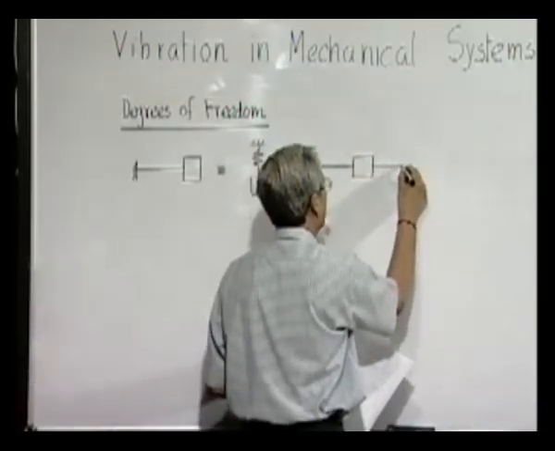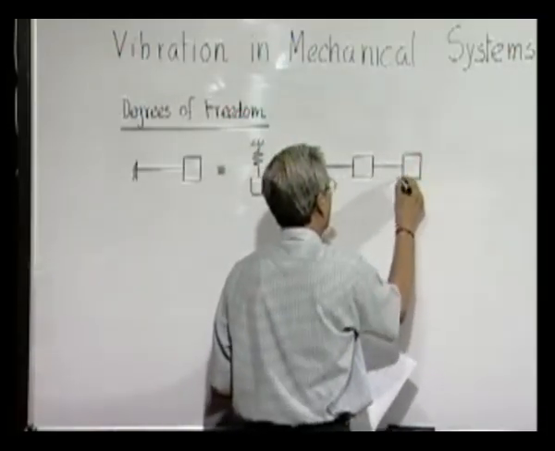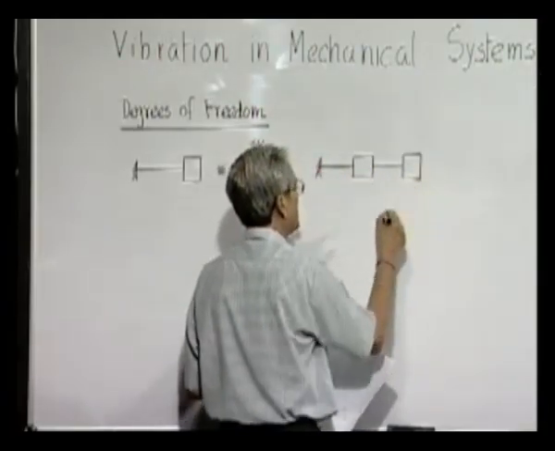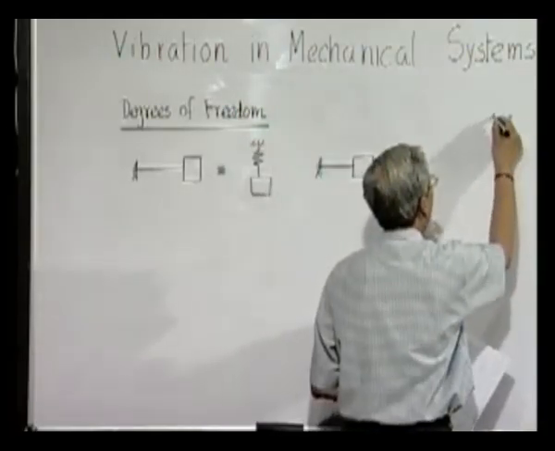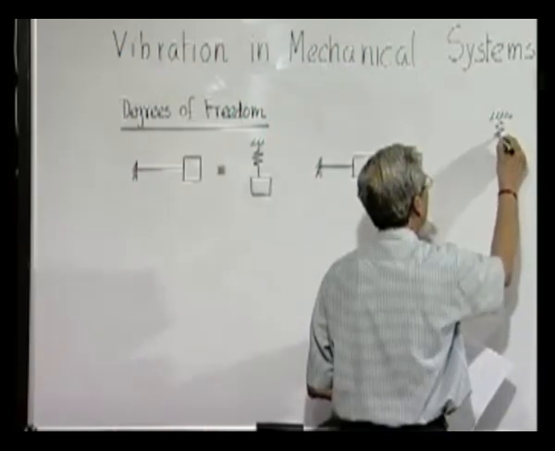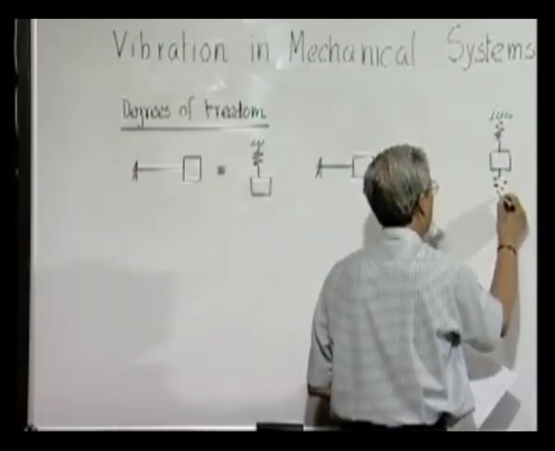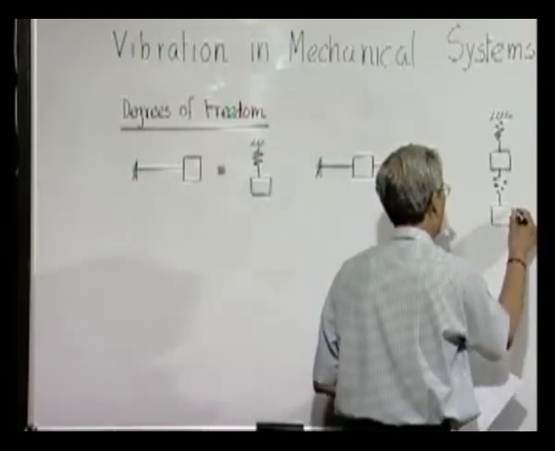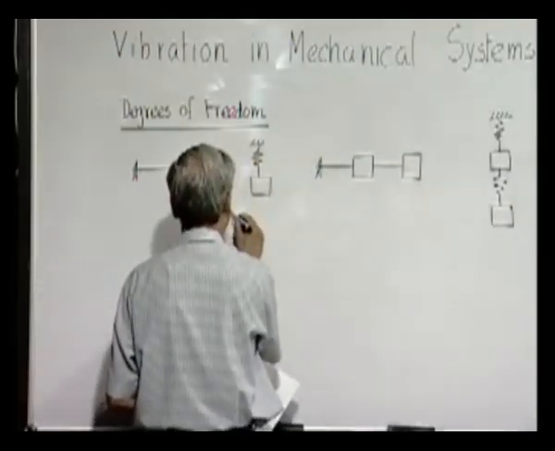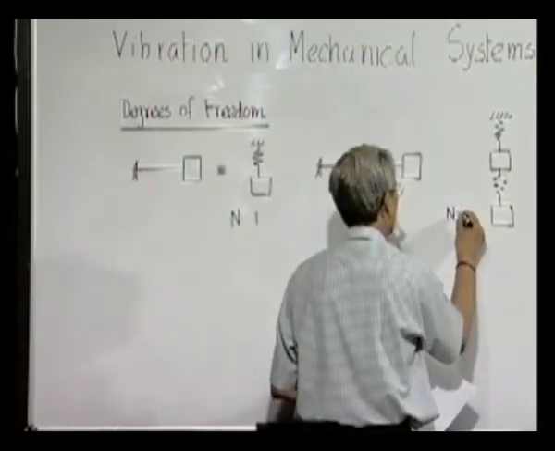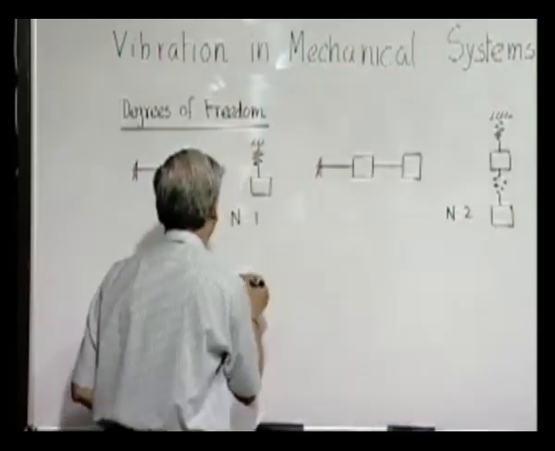If this system is something like this, obviously we have to specify the displacement of the two masses, and it will have 2 degrees of freedom. So degree of freedom in this case was 1, in this case it is 2.